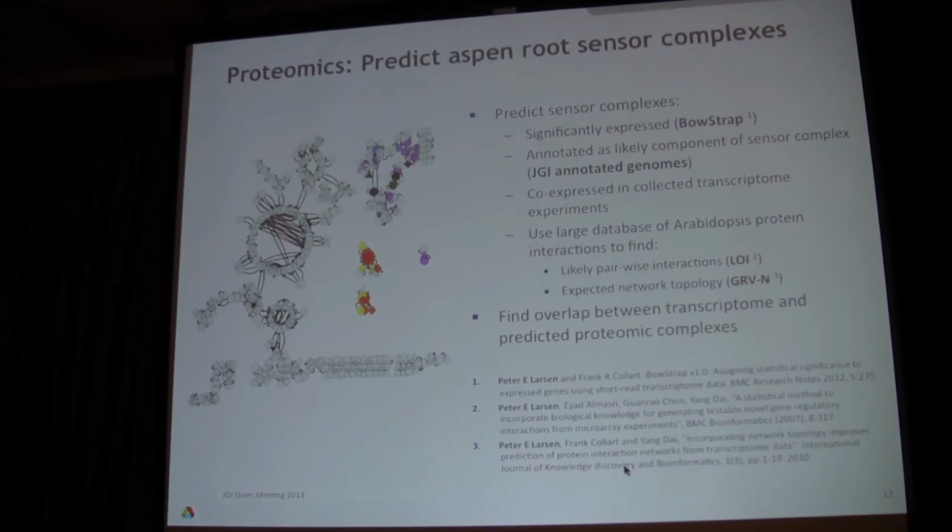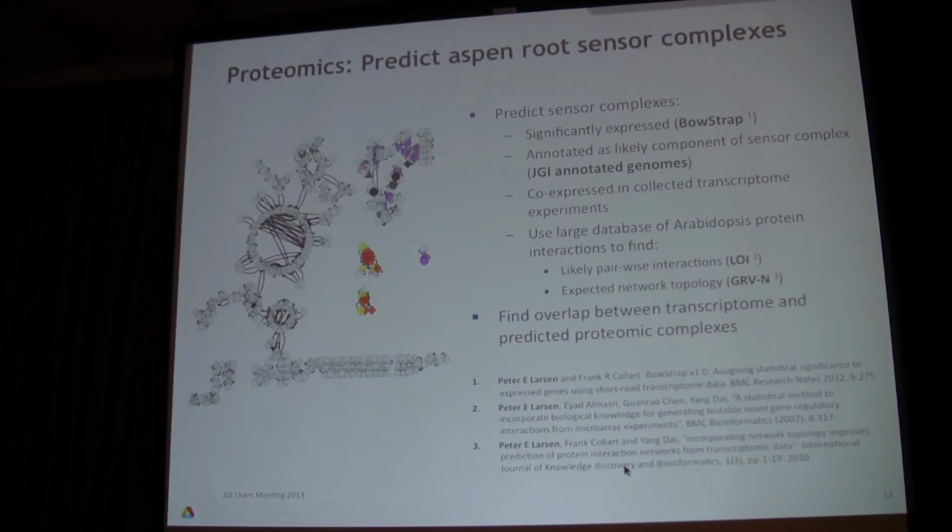The assumption is if these elements form some components of sensor machinery, when we see one component, we should see every component. Since there is not a wealth of Aspen protein-protein interaction data, we use a database of Arabidopsis protein interactions.